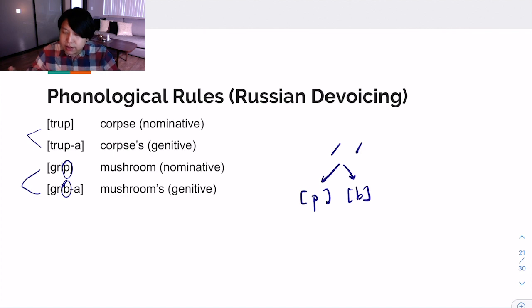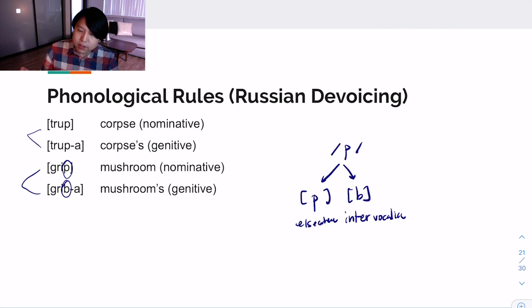And as we learned before, let's set up an intervocalic voicing rule. So it is always voiced when it is intervocalic, and it remains voiceless elsewhere.